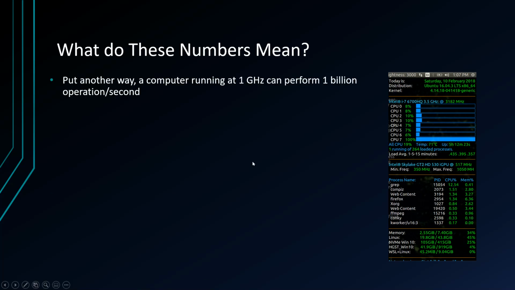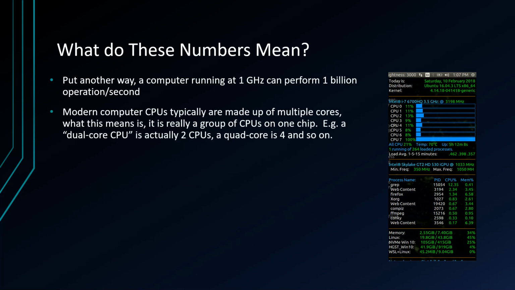So let's take a look at the actual text here. Put another way, a computer running at 1 gigahertz can perform 1 billion operations per second, as we already said. Modern computer CPUs typically are made up of multiple cores, as you see in this picture here. So what this means is that a CPU is really a group of CPUs on a single chip. So a lot of Intel i5 processors are typically dual core.